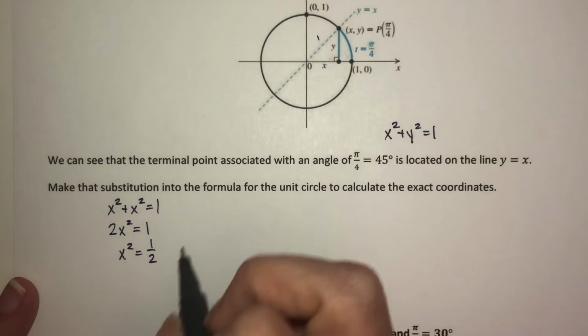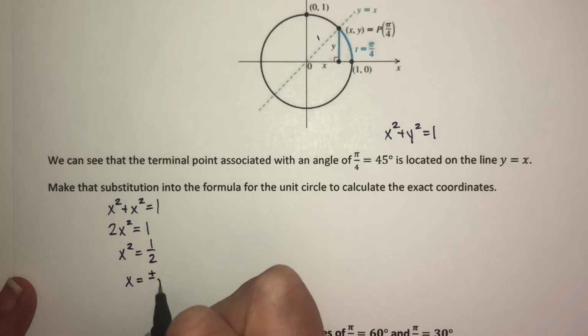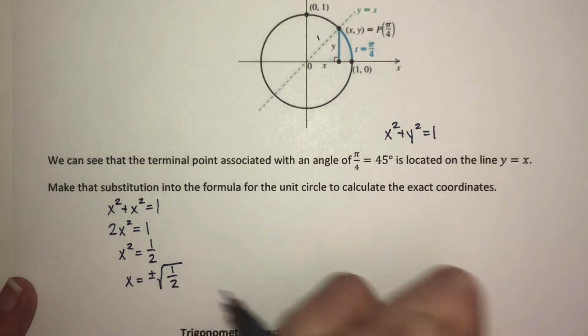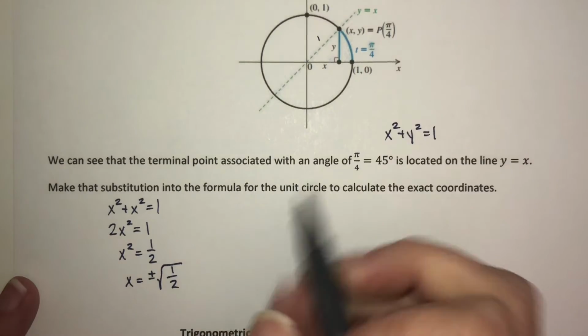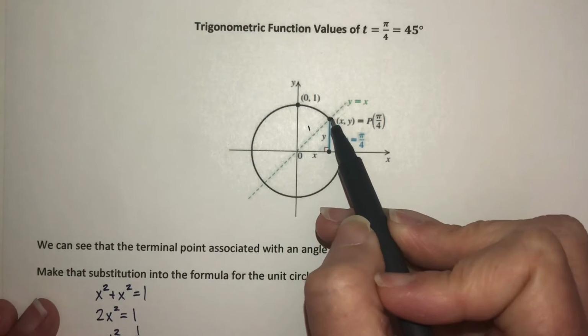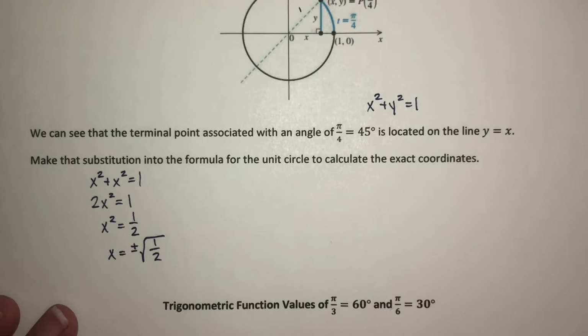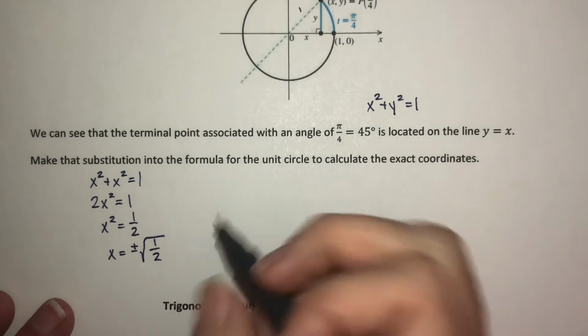Now take the square root of both sides, and you get x is equal to plus or minus the square root of 1/2. Since I'm looking for the point that is here in the first quadrant, even though algebraically I get 2 answers, I'm really only interested in the positive answer here because my x value is not going to be negative in the first quadrant.